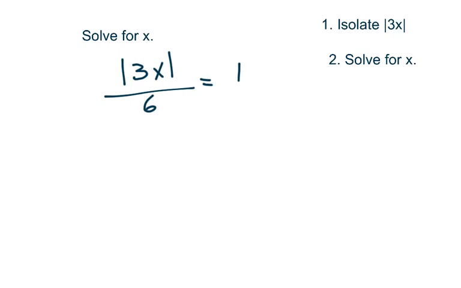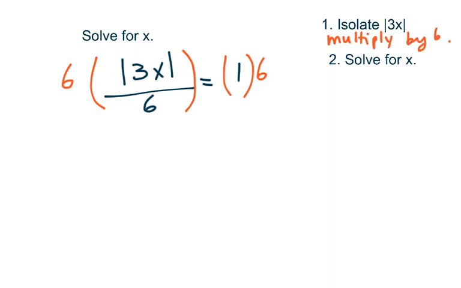So in order to isolate the absolute value of 3x, we are going to multiply both sides by, can you guess what it is? 6. That will accomplish it. The 6's will cancel. We end up with the absolute value of 3x is going to equal 6.